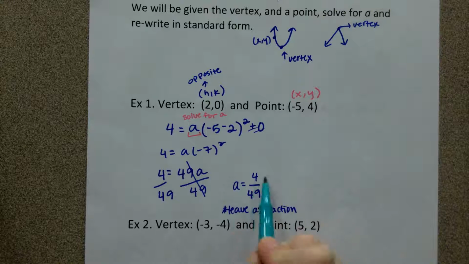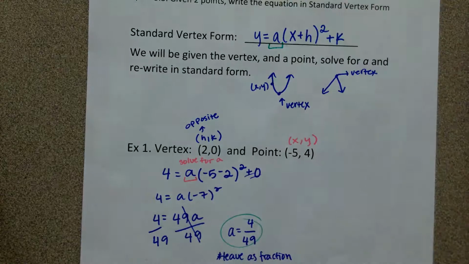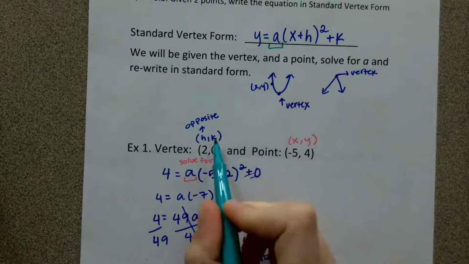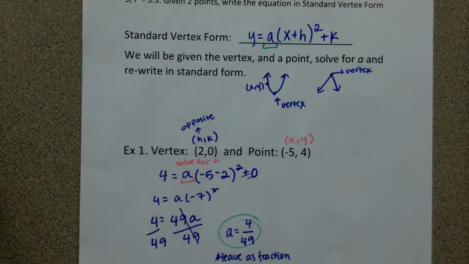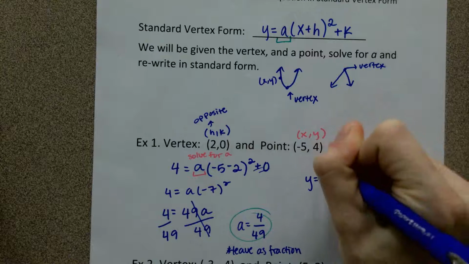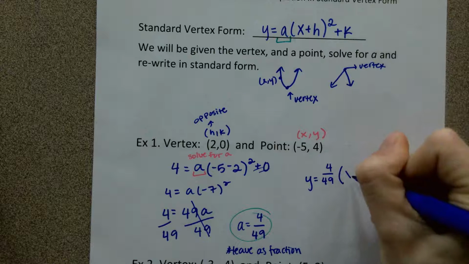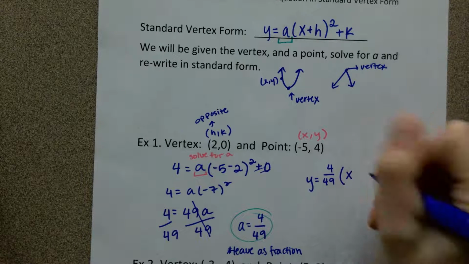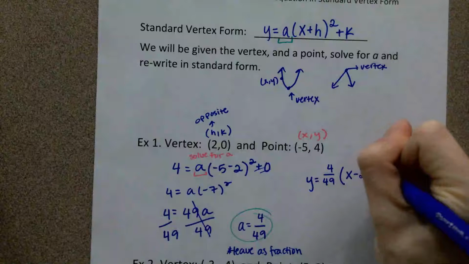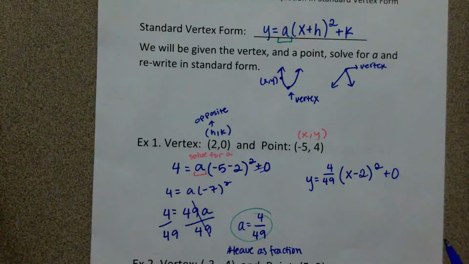Now with this a, we're going to plug it back in with h and k into standard vertex form. So we'll have y equal to 4 over 49 times x plus h, but remember that h is opposite, and plus k, which is 0, which we don't need, but that's fine.